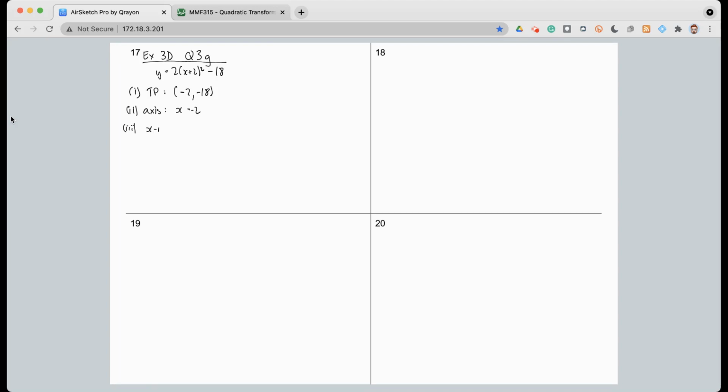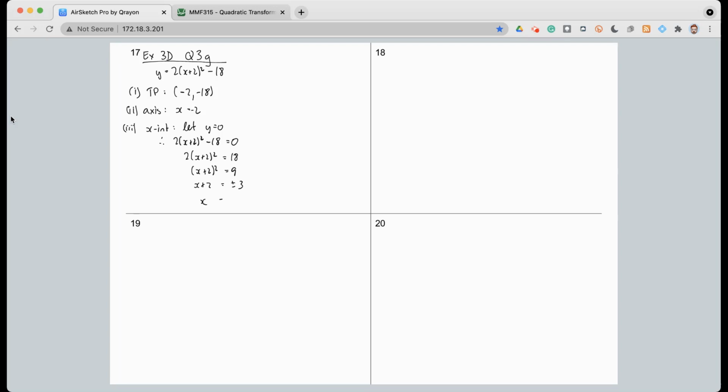For the x-intercepts, as usual, this is where the hard work is. Let y equal 0. Therefore, I've got 2 times x plus 2 all squared minus 18 equals 0. Add 18 to both sides, divide both sides by 2, and square root both sides to get plus or minus 3.